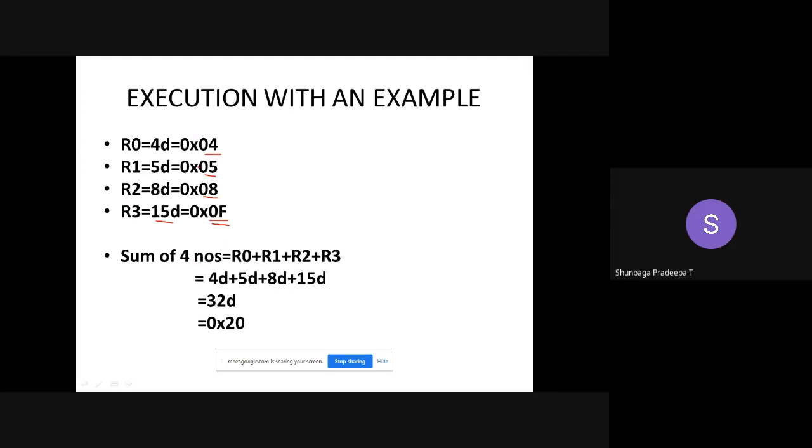So to add all these, what should we do? Add all the numbers 4 plus 5 plus 8 plus 15.